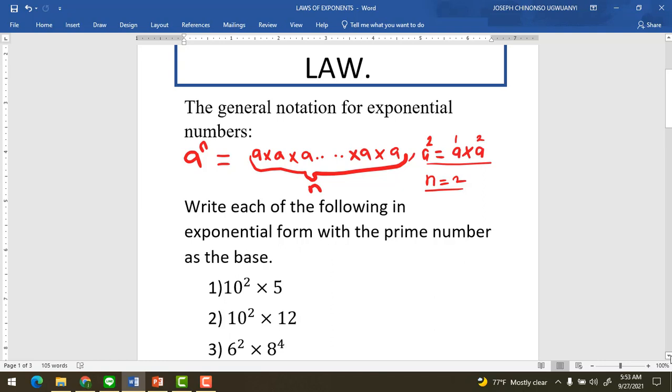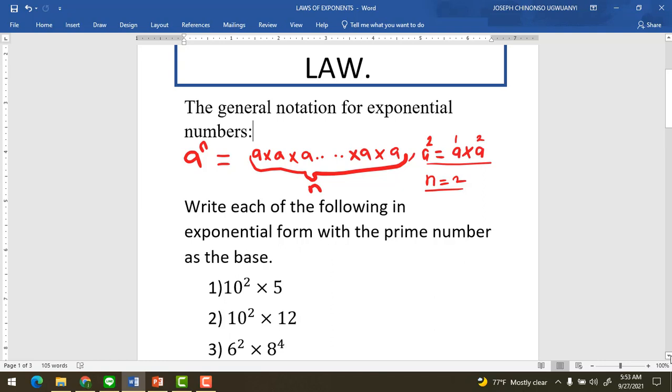Or a prime number is a number that is greater than 1 but it can only be divided by 1 and itself.